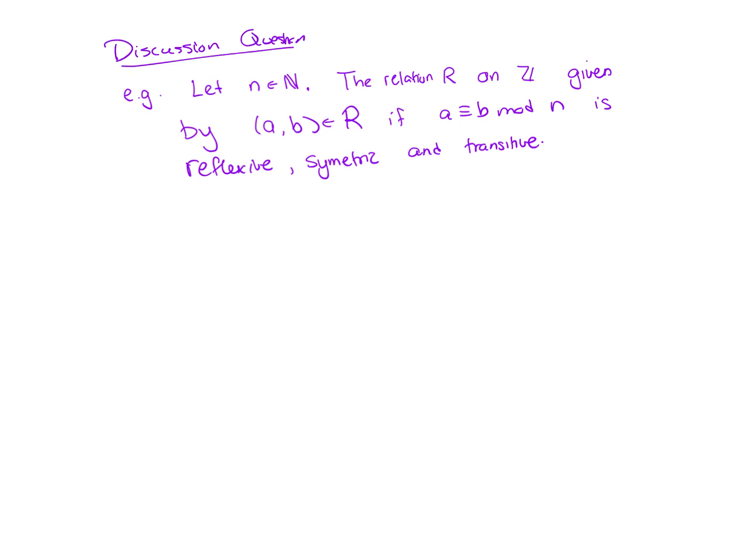I encourage you to go through and try to think about how you would prove those. Each of them is going to be some sort of proof, right? Reflexive is a for all proof. Symmetric and transitive are going to be if-then conditional proofs. We'll work through those proofs in class, but I encourage you to give them a shot beforehand just to see if you can figure out how those work.